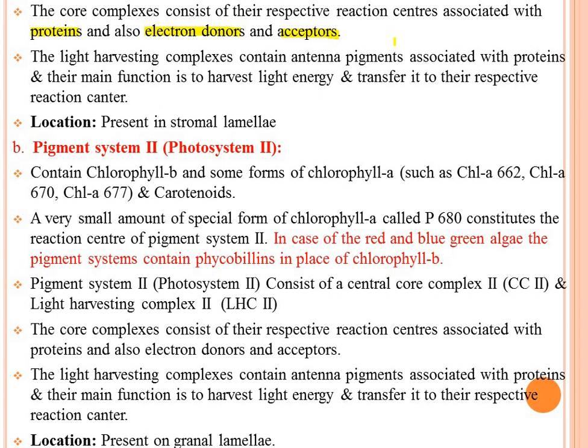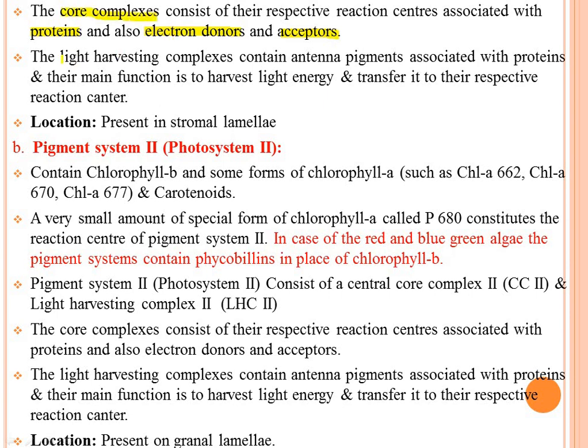Means when photolysis of water takes place at photosystem 2, where the electron gets generated, that electron is accepted by some transmembrane as well as some proteins associated with the thylakoid membrane, and all these proteins and electron donors and acceptors are together known as core complexes.